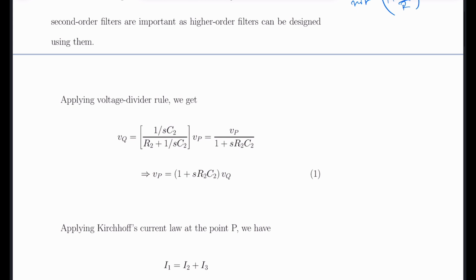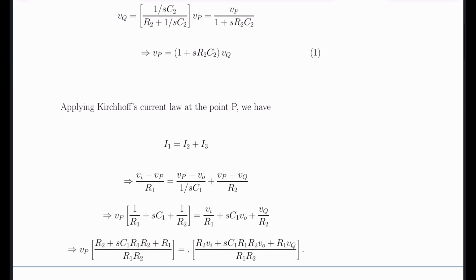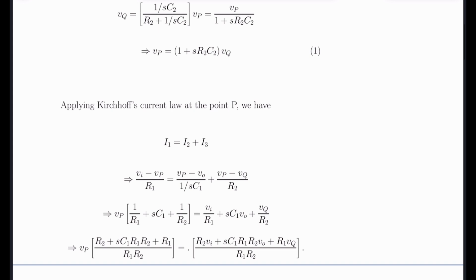Now apply Kirchhoff's current law at the point P. You get I1 is I2 plus I3. Now apply Ohm's law to find the value of current. I1 is Vi minus Vp upon R1. I2 is the current that flows through the capacitor C1, so this is Vp minus V0 upon 1 upon S C1.